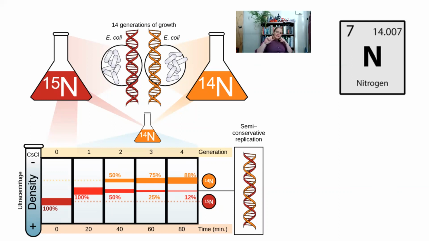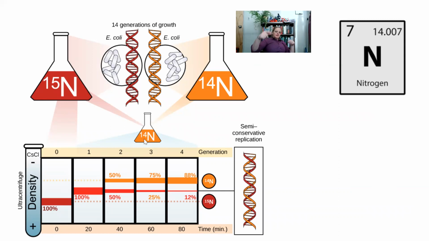There's just one single band somewhere in between nitrogen 14 and nitrogen 15. That suggests that 50% of the genetic material in these bacteria has heavy nitrogen and half has regular nitrogen. That's what we expected.